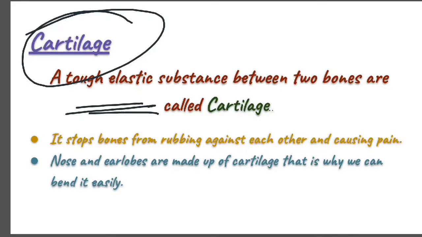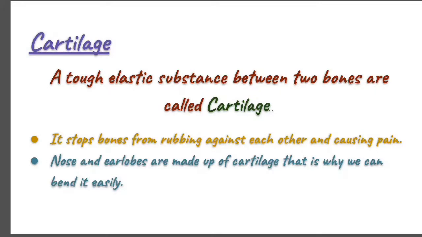It also stops the bones from rubbing against each other and causing pain. We are not going too deep into it, just remember that it stops the bones from rubbing against each other, and it saves us from any kind of pain.